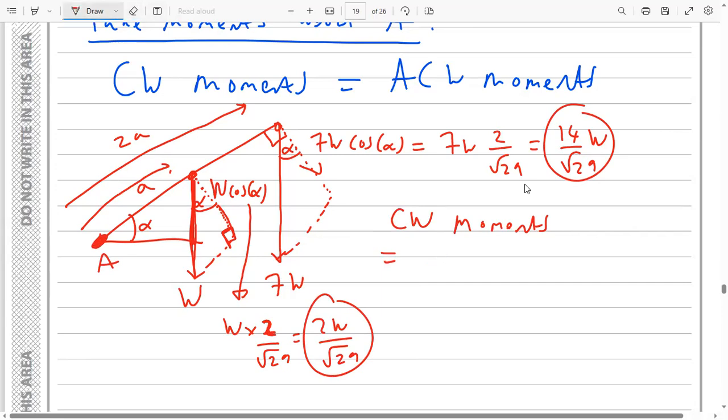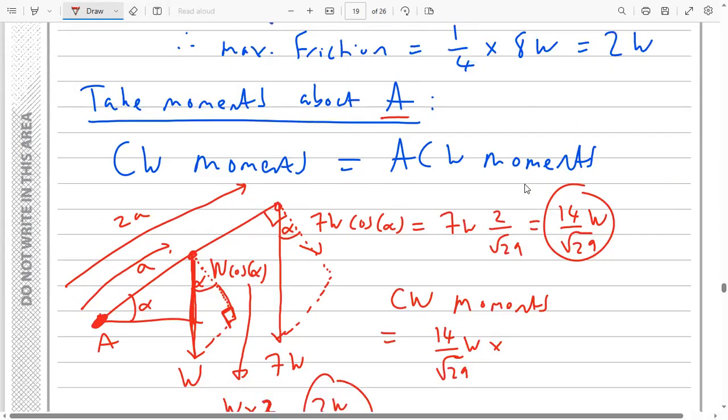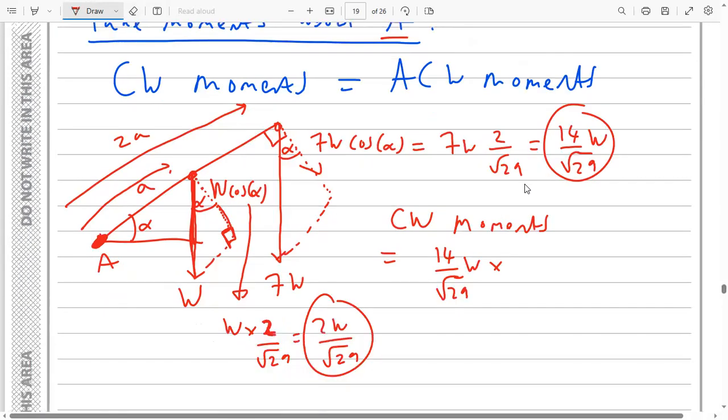The first force is 14/√29 W, times the distance from A, since we're taking moments about A. The distance of this perpendicular force from A is 2A, so times that by 2A.